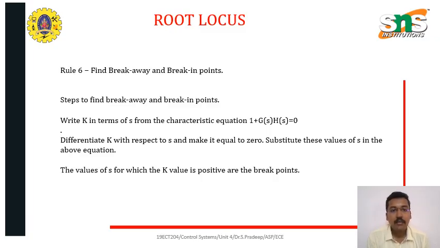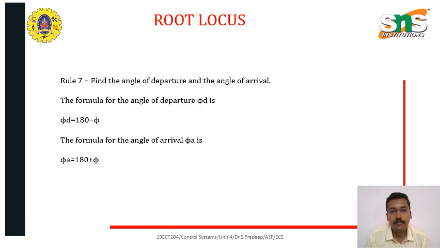Write k in terms of s from the characteristic equation 1 plus G(s)H(s) equal to 0. Differentiate k with respect to s and make it equal to 0. Substitute these values of s in the above equation. The values of s for which the value of k is positive are the breakpoints.